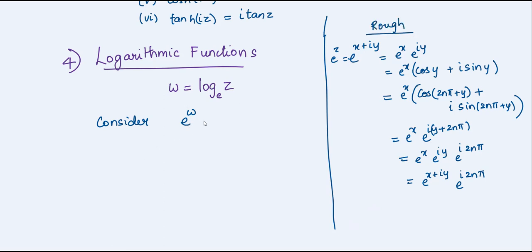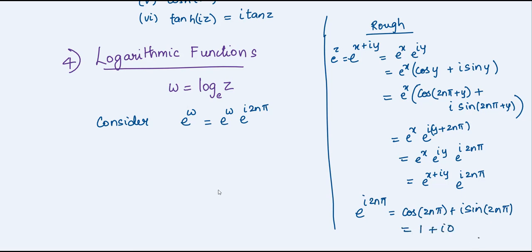So e power w can be written as e power w into e power i 2n pi, because it will not make any difference. E power i 2n pi is in fact equal to cos 2n pi plus i sine 2n pi, which is 1 plus 0i. So e power w can be written as e power w into e power i 2n pi.